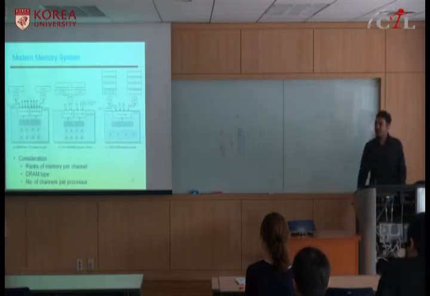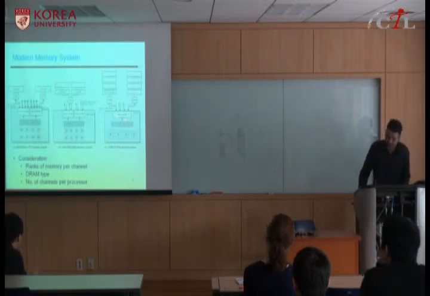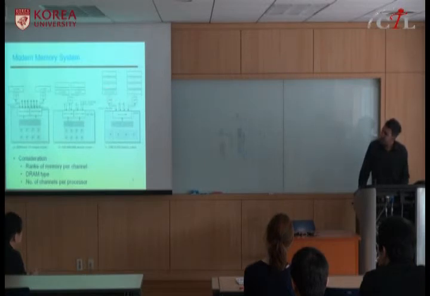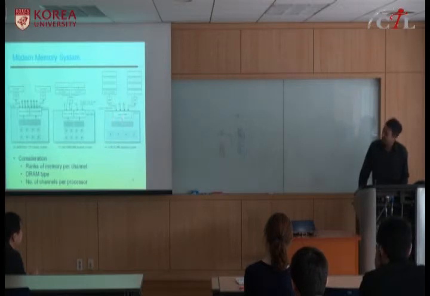Here, in A and B, one controller supports multiple buffers, each buffer supports one channel, and one channel supports multiple DIMMs. So the author is trying to modify this one, because he thinks this is better than this.